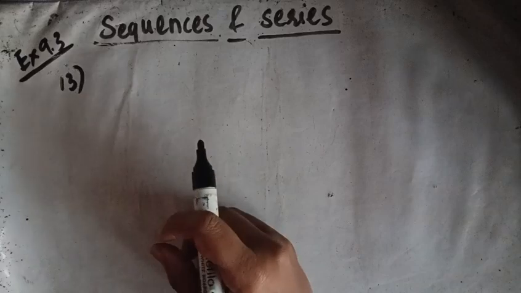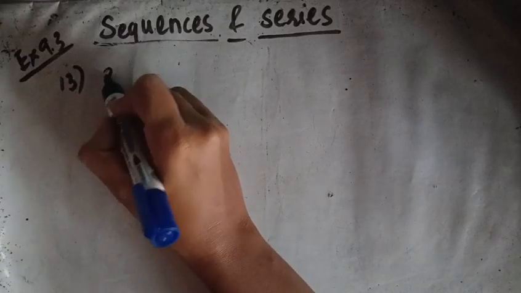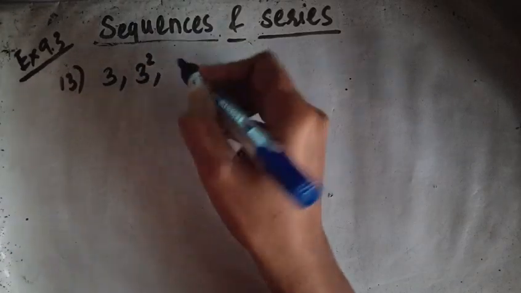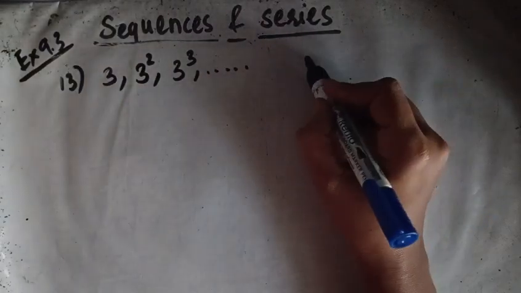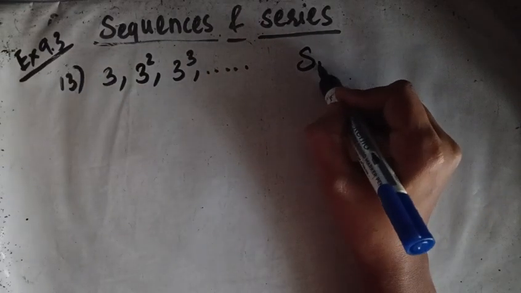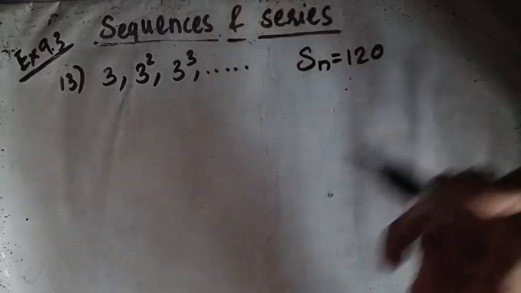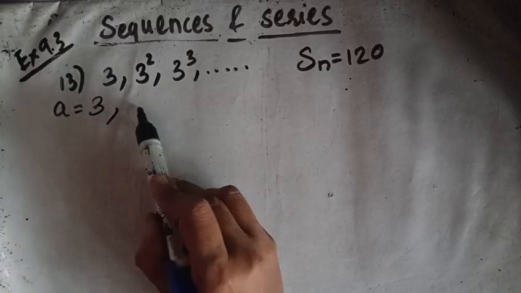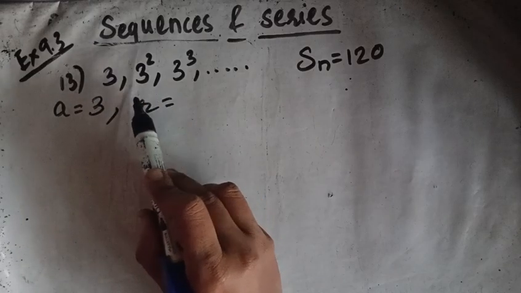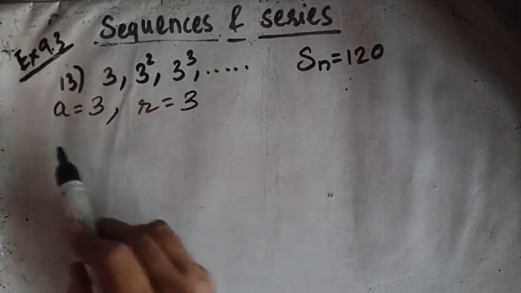The 13th question is how many terms of the GP are needed to give sum 120. Okay. So here you have to find n. a is 3, r is 3 square by 3, which is 3.